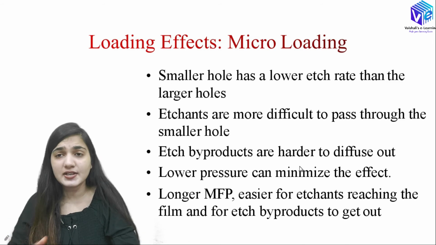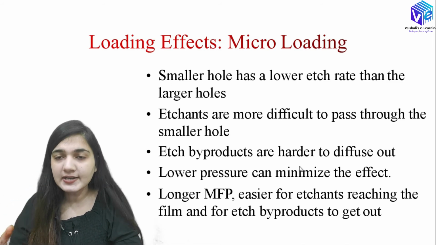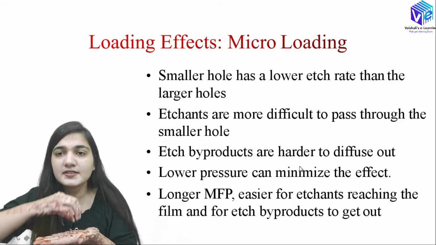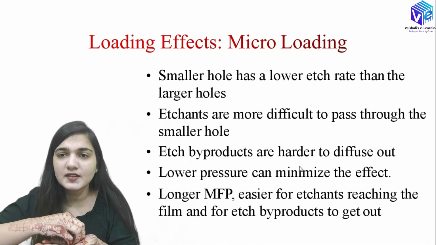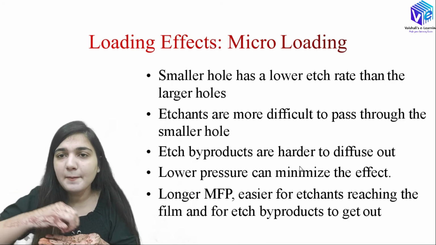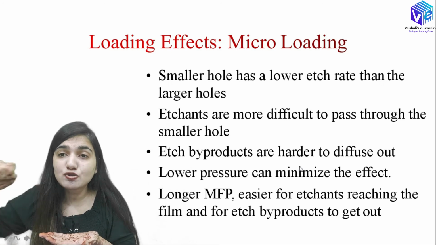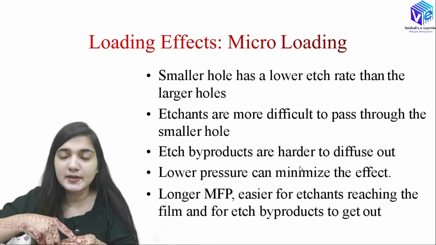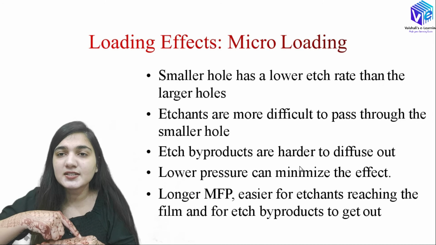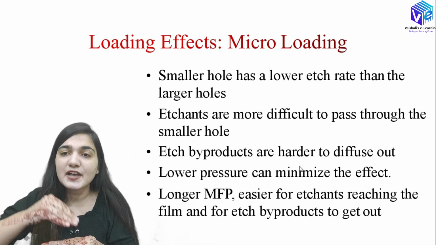What happens in etching? The etchants will go on the surface, react with the surface, and generate the byproducts. The byproducts have to be removed from the surface, then it will be going towards the next surface layer. Okay, or the byproduct has to diffuse.